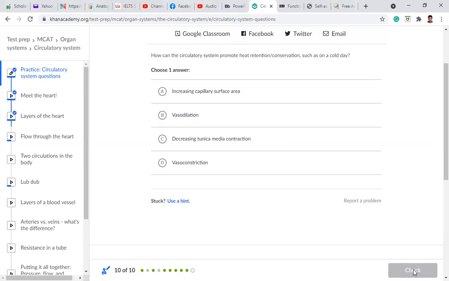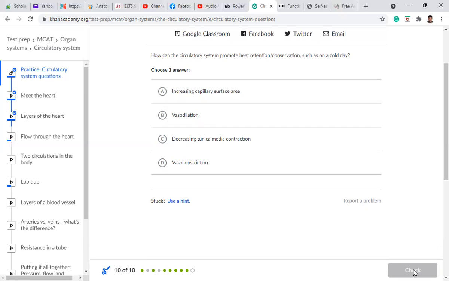Because when blood flows to the surface of your skin, you could easily conduct heat out of your body, but you don't want to lose heat when the weather is cold. You want to conserve or retain the heat. So you want to prevent blood flow to the surface of the skin when the weather is cold. And how do you prevent it?